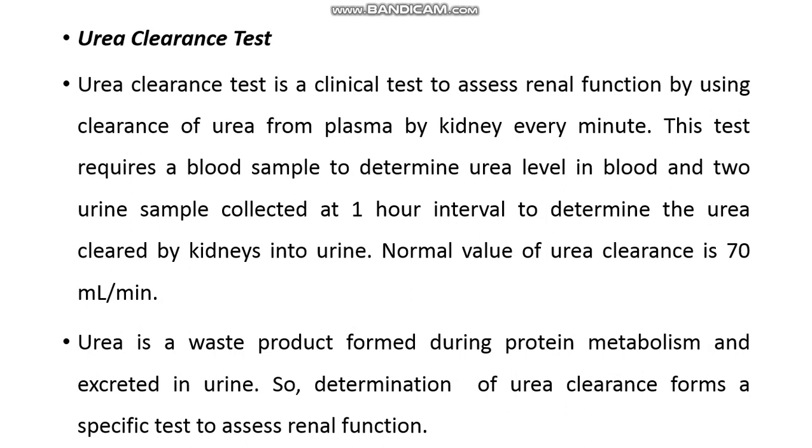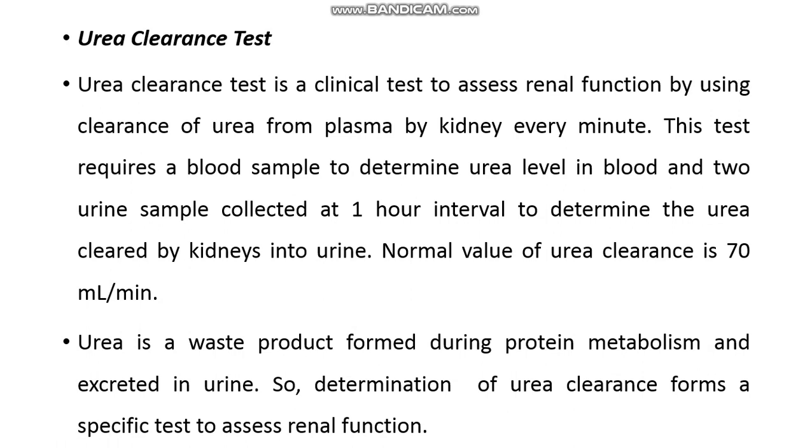After collecting 1 urine sample, after 1 hour we will collect the next urine sample, and we will measure the urea content in both of these samples. That will help to determine the urea cleared by the kidneys into the urine. Based on that, we can measure the clearance value. The normal value of urea clearance is 70 ml per minute.